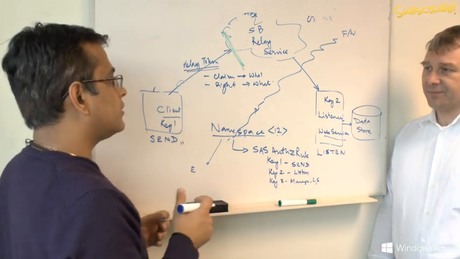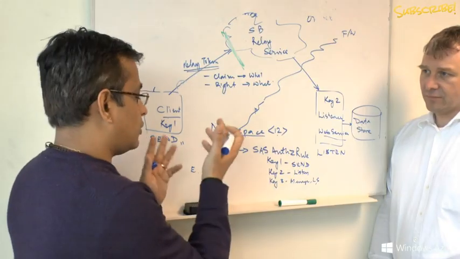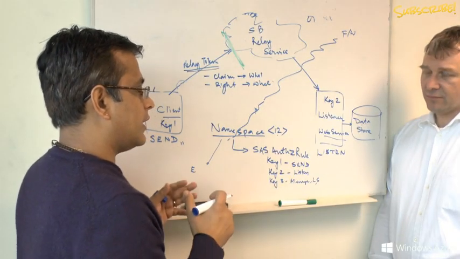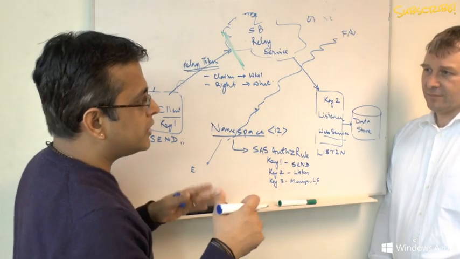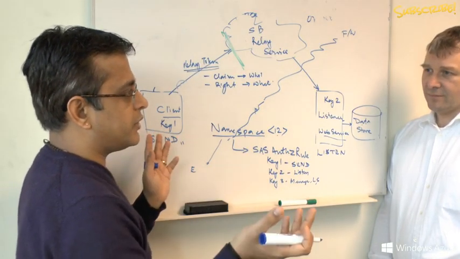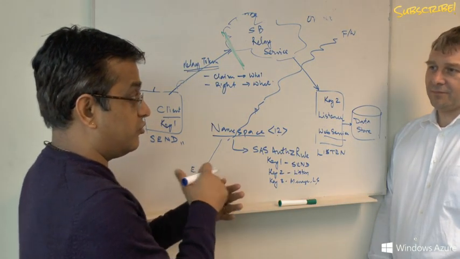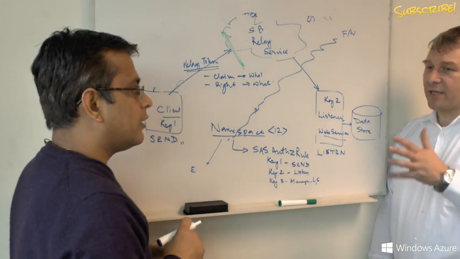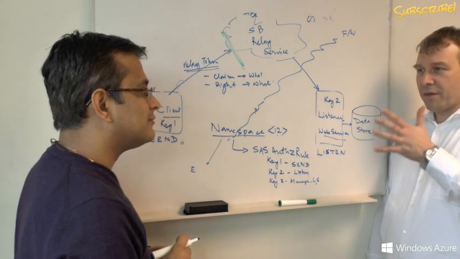The difference here is that Service Bus, particularly in the broker and also in the relay scenario, is an intermediary between two different services. You typically want to create that separation between rights and the keys associated with those rights. You said something very important here: it is between two different services.